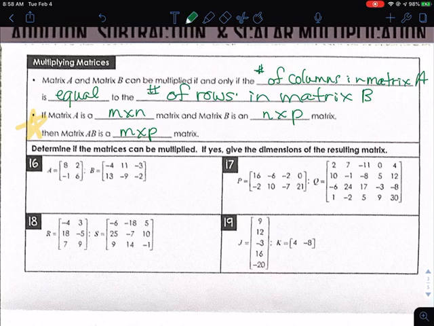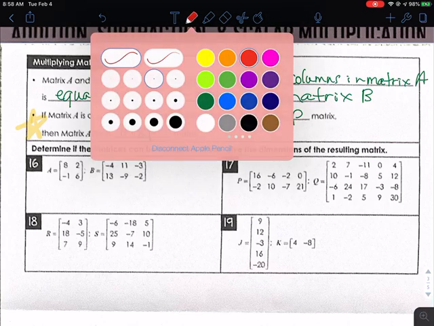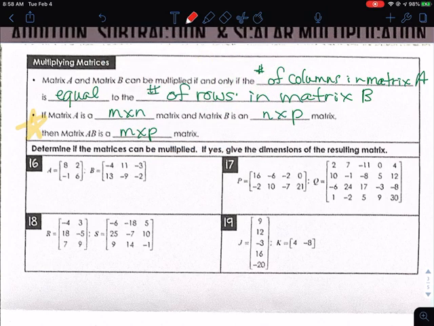So what we're going to do is start out, matrix A is a 2 by 2. Matrix B has 2 rows and 3 columns. I just write the dimensions down there side by side. And I want you to look at these inside numbers. Those are the same, so you can multiply.